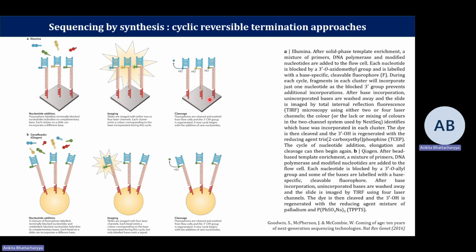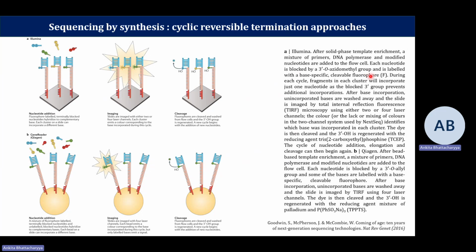So we talked about how after solid phase template enrichment, there's a mixture of primers, DNA pol, and modified nucleotides that are added to the flow cell. Now these nucleotides are blocked by a 3' O azidomethyl group and are labeled with a base-specific cleavable fluorophore.